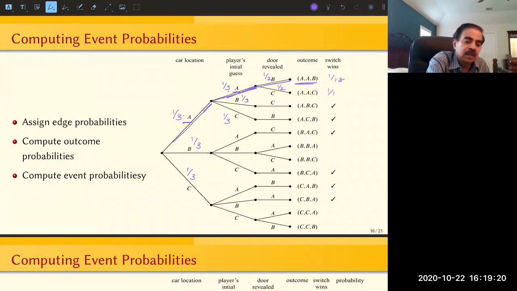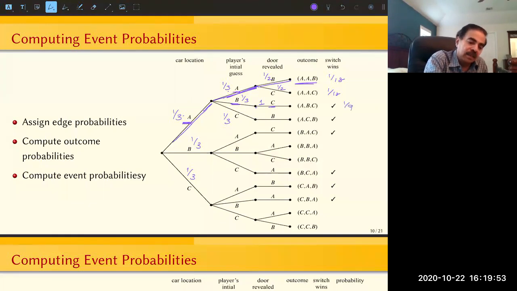Similarly, this is 1 by 18, right? Now, the interesting point here is that in this case, the car is behind A, the contestant has chosen B, right? So therefore, the host has no choice except to open C. So this particular edge has a probability of 1, which means that outcome has a probability of 1 by 9, right?